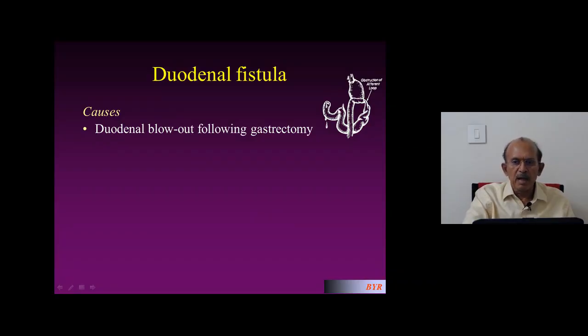So there will be a lot of bile and pancreatic juice collection here. That tries to go like this, but because there is a kink here, they can't go. So they cause distension proximally. If there is obstruction here, then all these structures will be grossly distended.